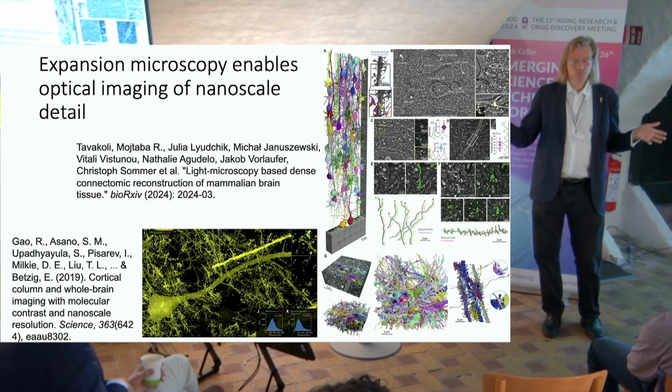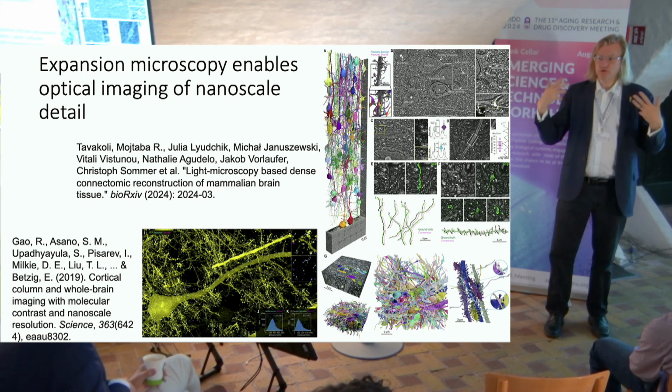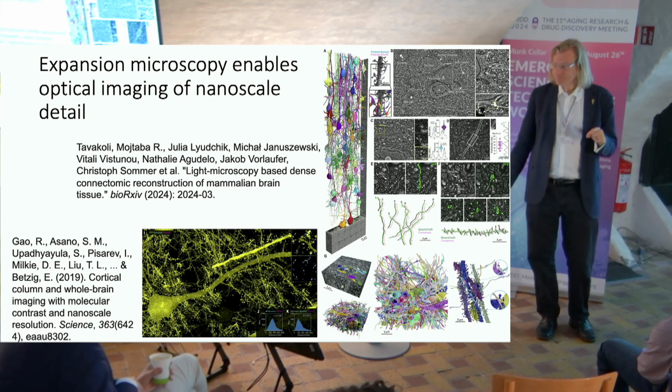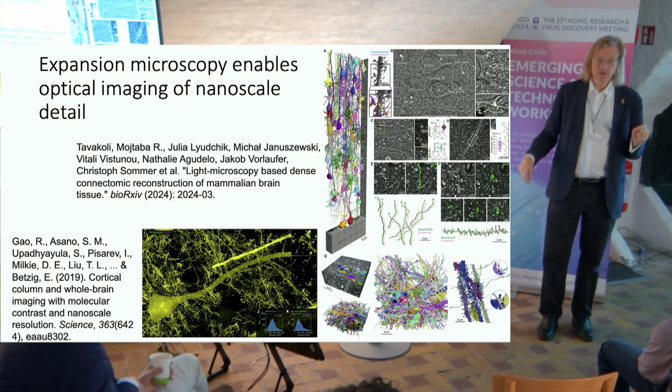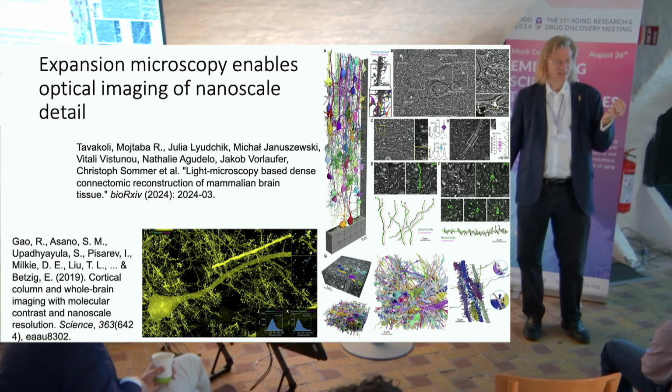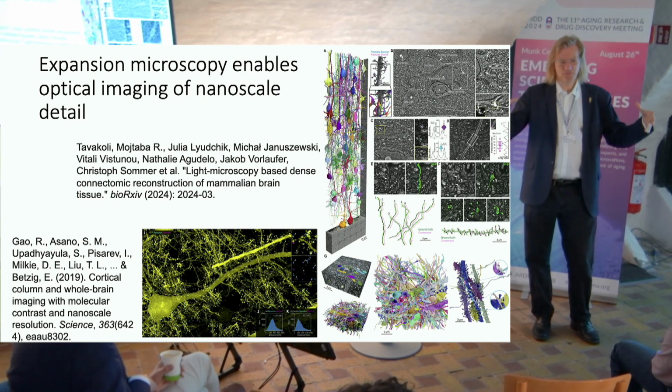Now you can use an optical microscope with many of the very cool modalities clever microscopists have developed over the years. So this way you can literally make pyramidal cells large enough to be seen by the naked eye if you expand them far enough.